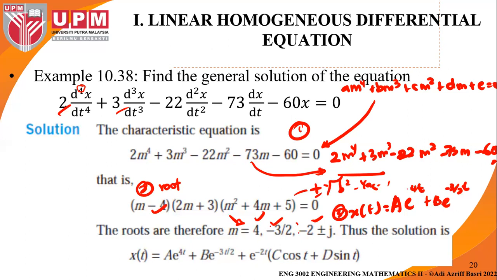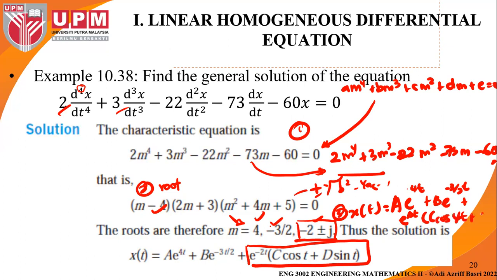Then the third one is a complex conjugate, so we need to use these equations, which I mentioned previously: exponent psi t, times c cos t plus d sin t. So psi is exponent negative 2 t, c cos t plus d sin t. So you get the main answer.